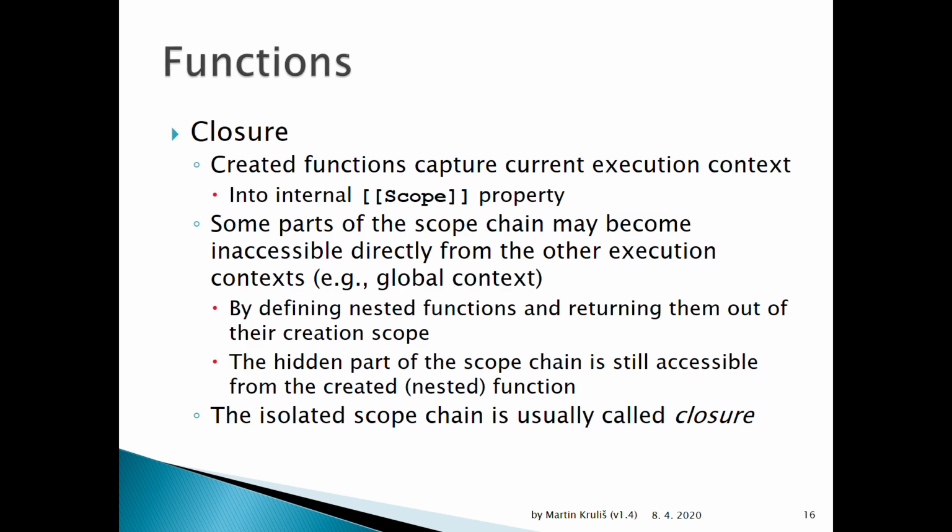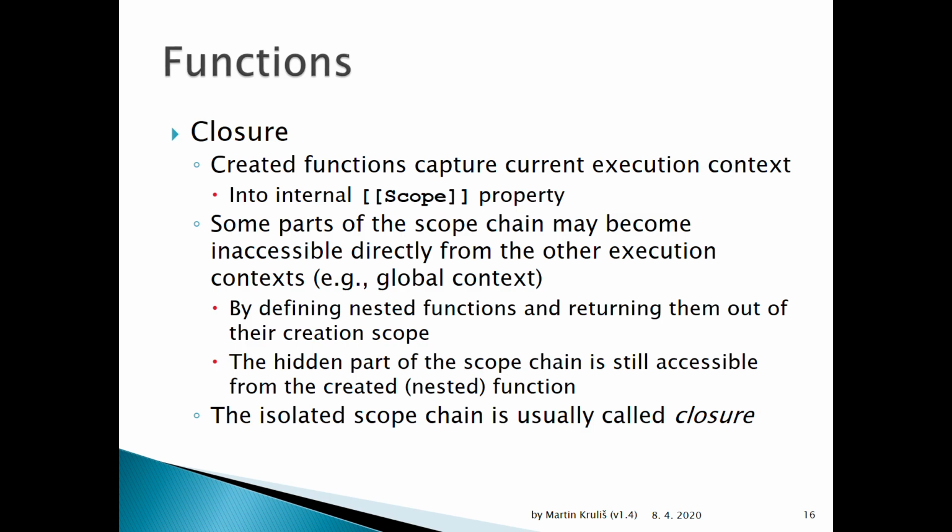However, this becomes interesting in cases when you create a function inside another function. So if you create a function inside another function, the internal local execution context of the outer function is saved to the scope, so the newly created function will remember it. And if you yield this newly created function outside of this scope, for instance returning it as a result, which you can do easily since functions are first-class citizens, then this scope will cease to be accessible from anywhere else but the currently created function.